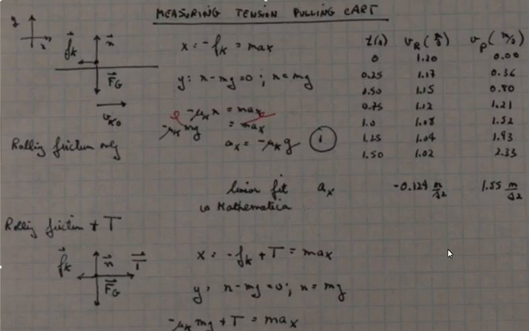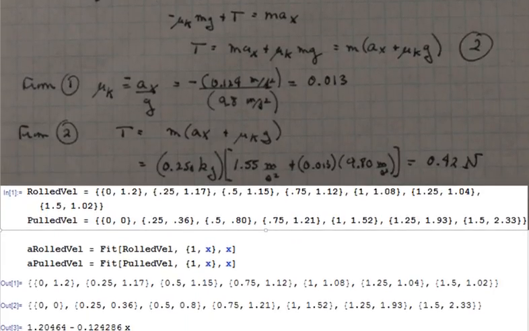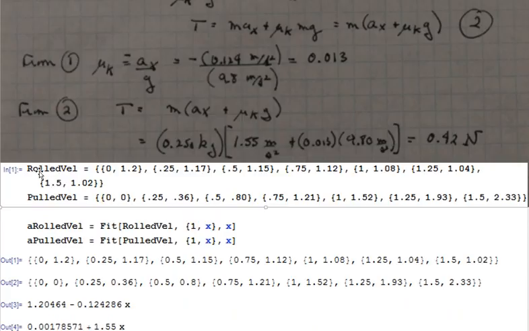I show that down here. Let me scroll down and show you what I did in Mathematica. I took the data from that table and put it into curly bracket form. You can see the first row, first column, second column, for this scenario where it starts with an initial velocity of 1.2 meters per second and then slows down.